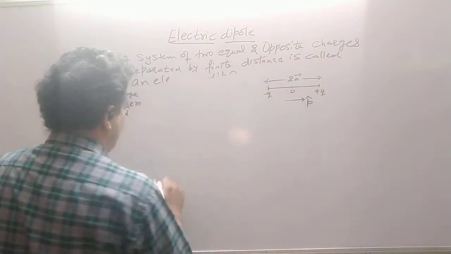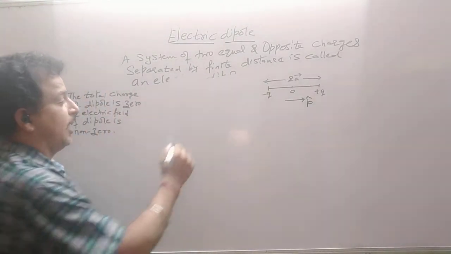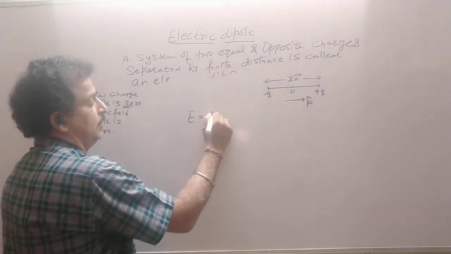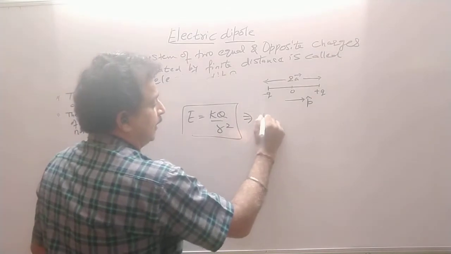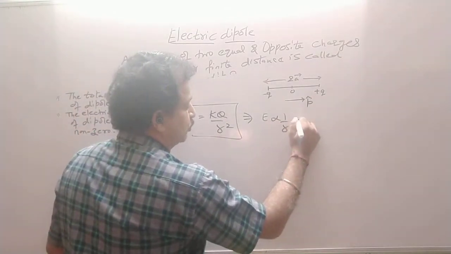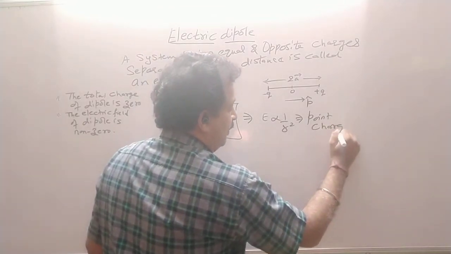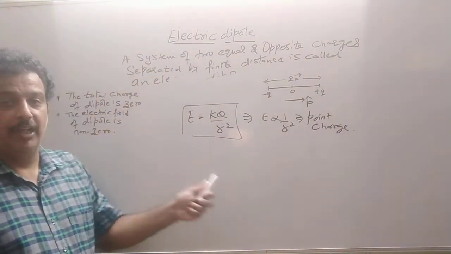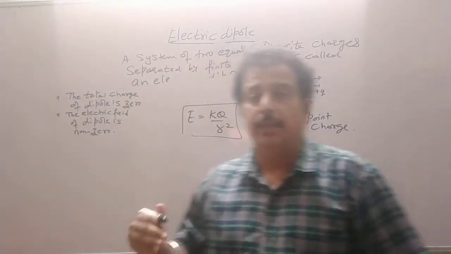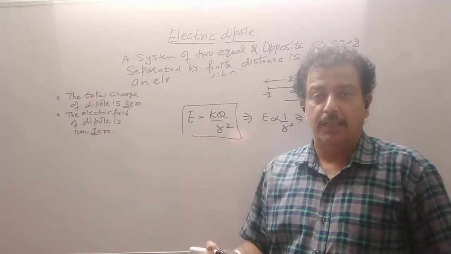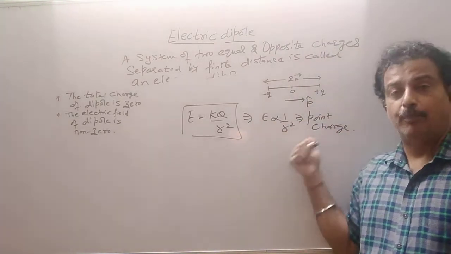Moreover, we know the electric field of a point charge was kq upon r square. So E was inversely proportional to r square. Now this was our formula for a point charge. Now we will see that the electric field of a dipole falls off, meaning it decreases very fast as compared to the electric field of a point charge.